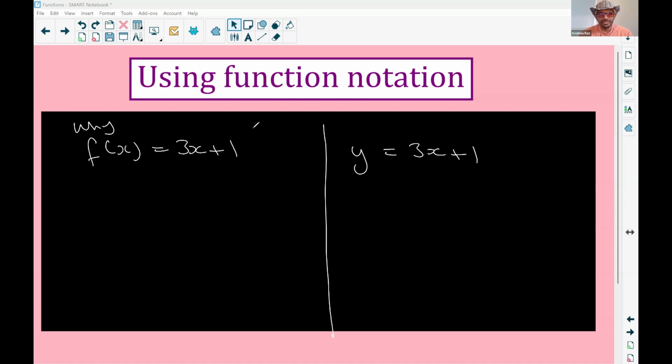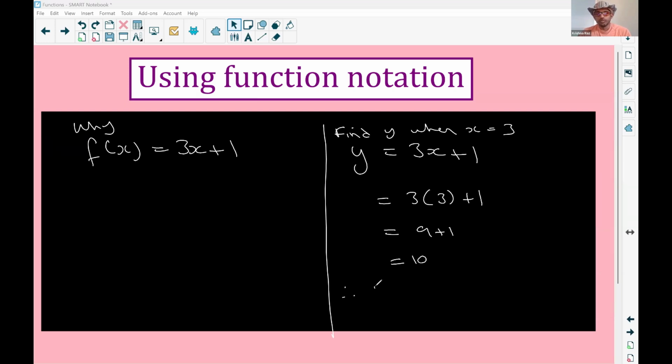So the first benefit is if we say find y when x is equal to 3. So that would be 3 times 3 plus 1, which would be 9 plus 1, which is 10. Therefore, y equals 10 when x equals 3.